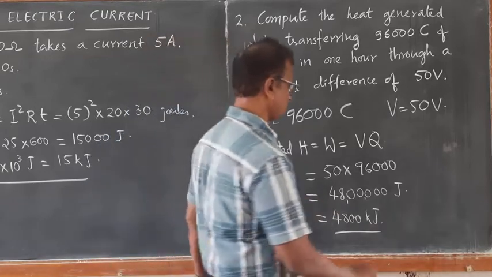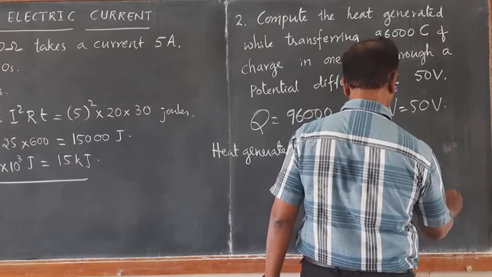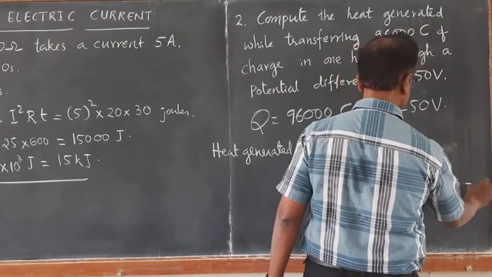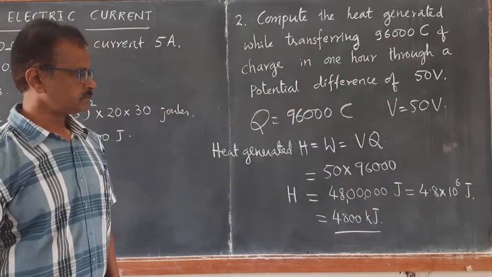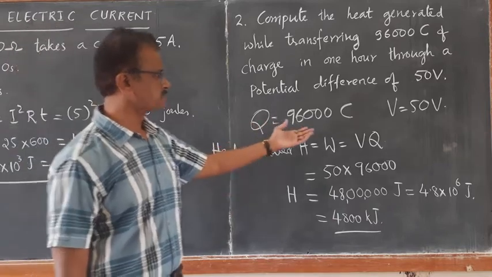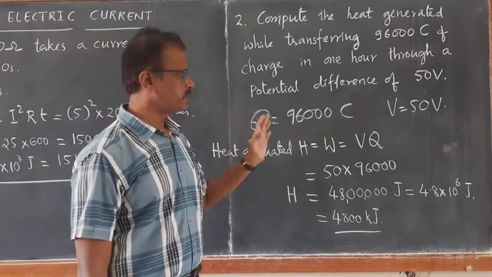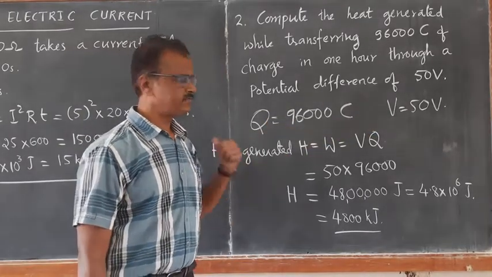Or in scientific notation we can write it as 4.8 into 10 raised to 6 joules. So much heat is produced when 96,000 coulomb of charge is driven in a circuit by a voltage supply of 50 volts.